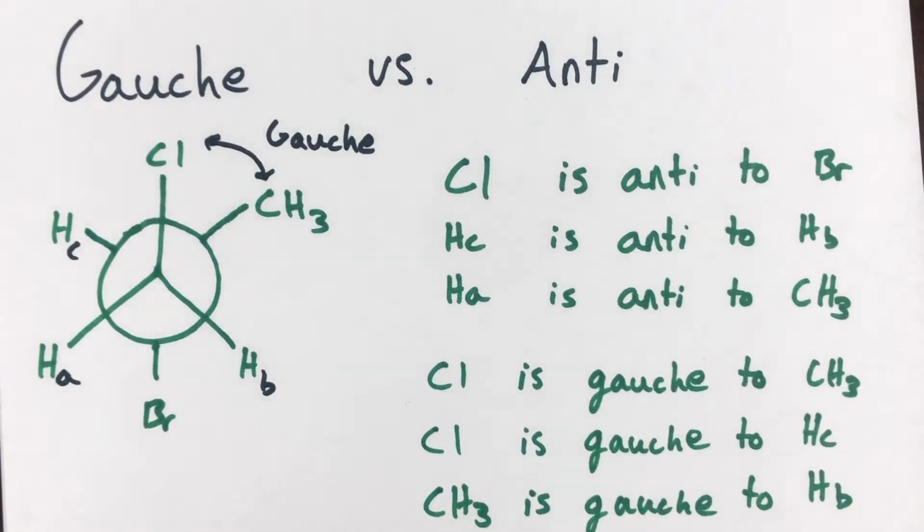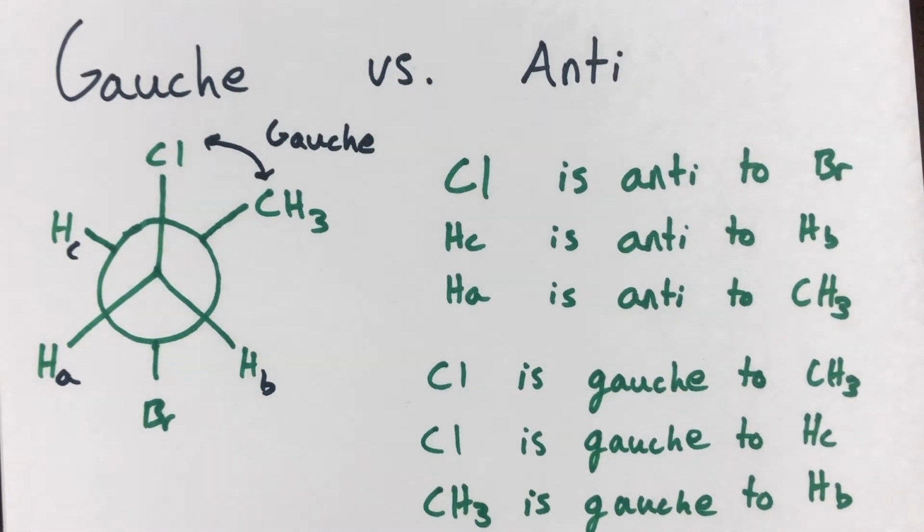So the point here is that anti interactions are generally favored over gauche because of this steric idea: the substituents are as far away from each other as possible in the anti position, 180 degrees away, versus the gauche where they're closer, 60 degrees away. So there could be electron-electron repulsion and other Coulombic interactions that are disfavored. That is the main takeaway here.